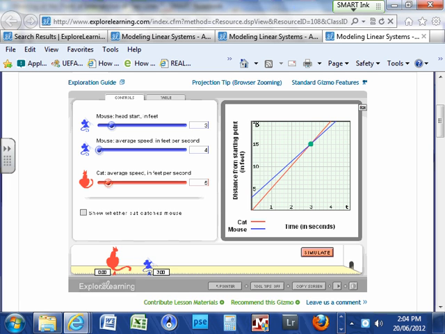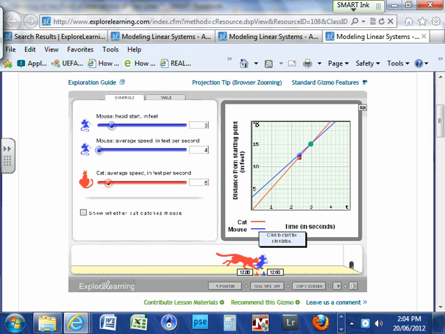Okay, so let's simulate again, and let's look at the graph this time. What does this point of intersection, the green point on the graph, represent in terms of the real life situation? Well, as you were watching the play, you had 2 points running along the red and blue line, and the green point represents these 2 points merging together in the same location.